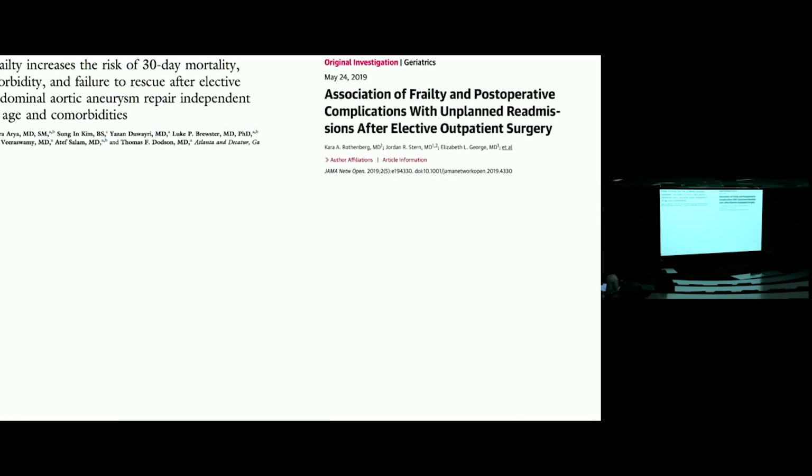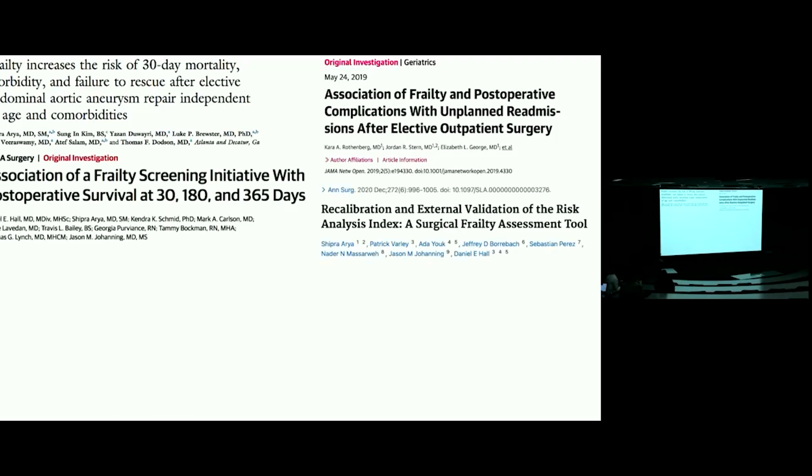I wrote a lot of papers in the first few years of my career, initially showing that frailty is bad in lots of different ways, and what outcomes it impacts, whether in vascular surgery or surgery in general. Then we developed this tool and validated it in multiple databases and prospectively. I think it's been validated now on at least 2 million patients, if I combine all the studies from different registries and prospective databases.